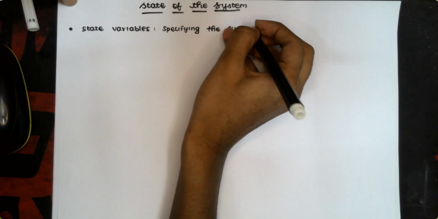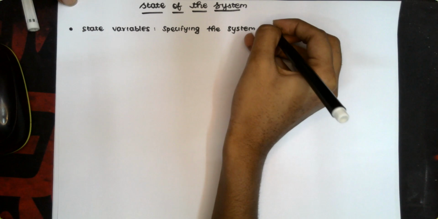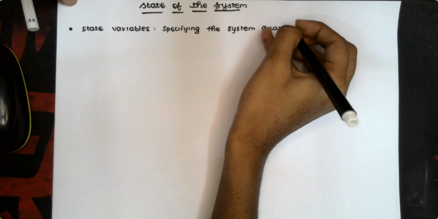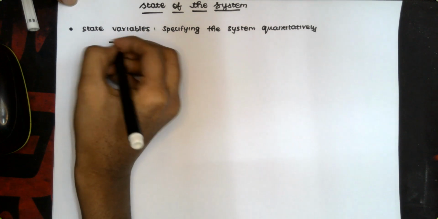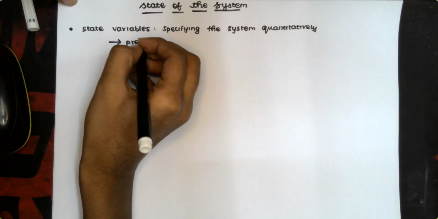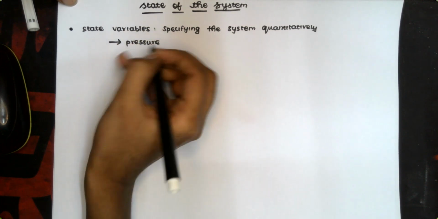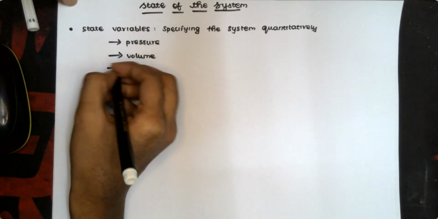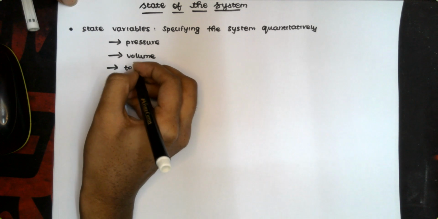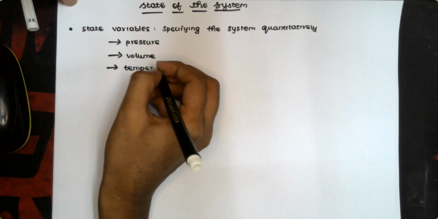So pressure, volume, temperatures. These pressure, volume, temperatures are called state variables because they depend on initial state and final state of the system.